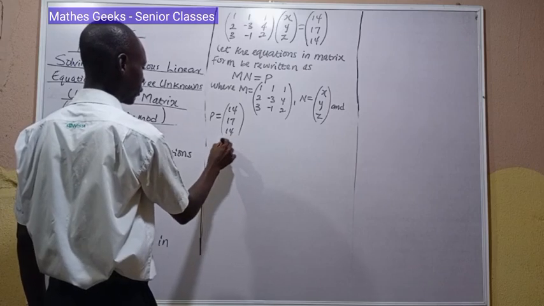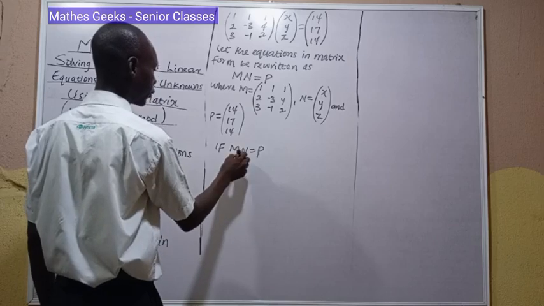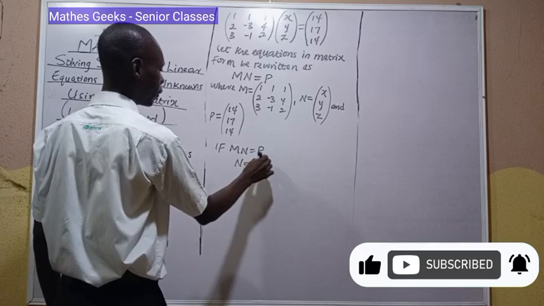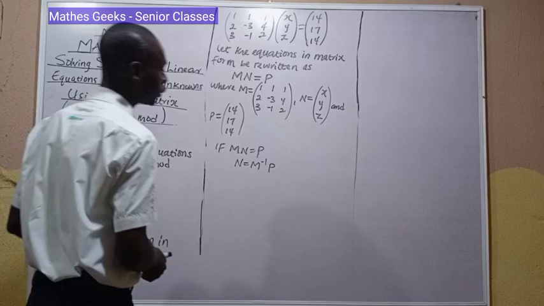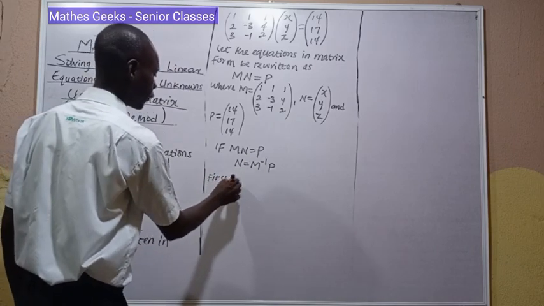If N X equals P, then X equals N inverse multiplied by P. So with this, first we're going to determine N inverse.